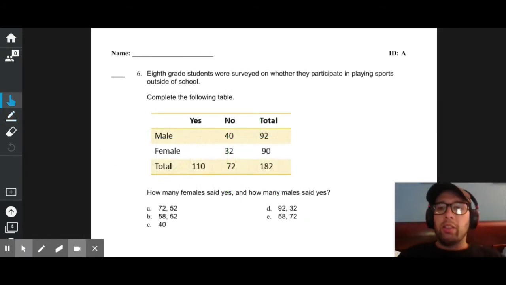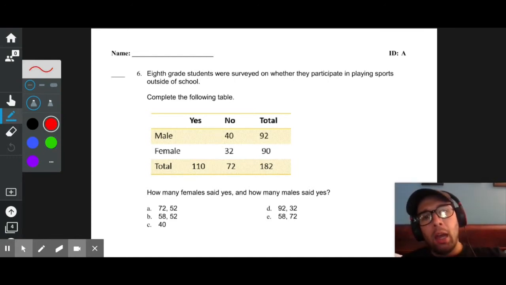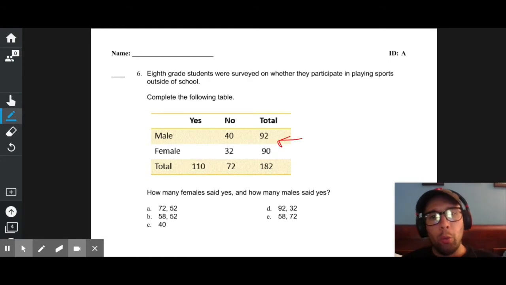On to the two-way tables. 8th grade students were surveyed on whether they participate in playing sports outside of school. Complete the following table. Well, looks like I had 92 total males interviewed.